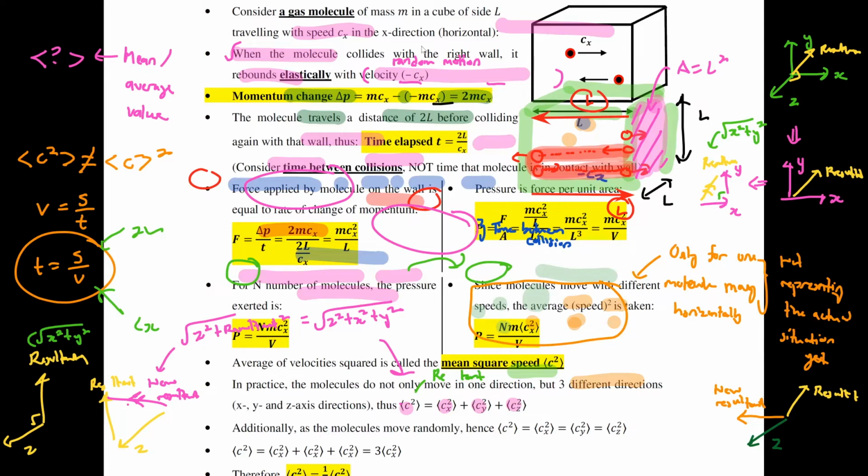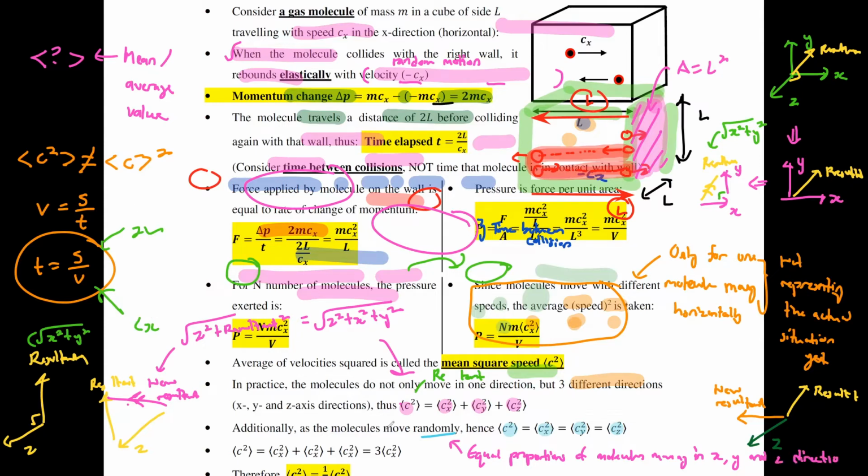Okay, one last thing is the part where we tell you because the molecules are moving randomly, therefore c squared is equal to cx squared equals cy squared equals cz squared. Okay, what does this one mean? It kind of means equal proportions of molecules moving in x, y, and z direction.